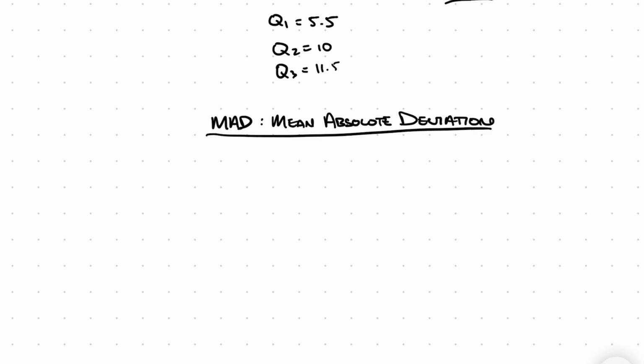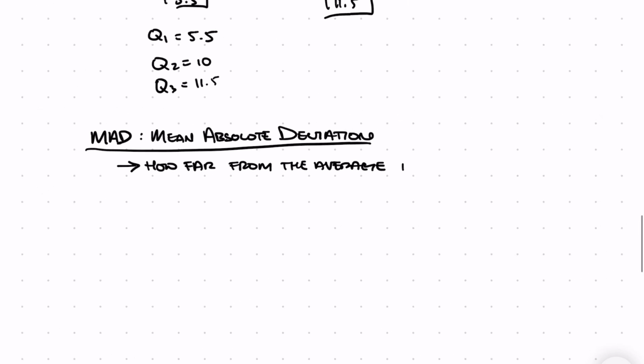So the mean absolute deviation is when you're trying to see how far from the average is each data. That's what you're trying to answer.